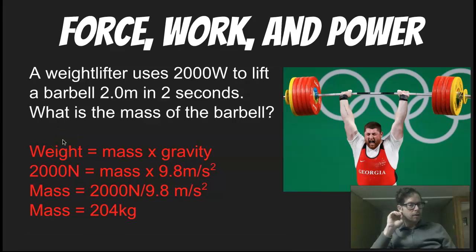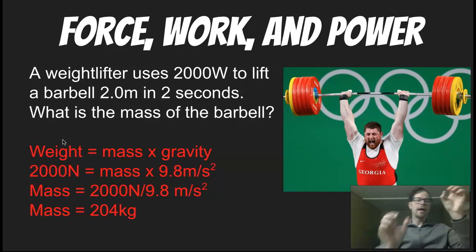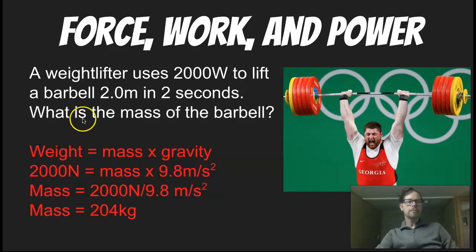Now we need to calculate the mass out of that by using the weight equation. You're seeing we can use multiple equations that have terms in common to get what we want. Weight is a force. We calculated the weight as 2,000 newtons, and weight is equal to mass times acceleration due to gravity. So 2,000 newtons is equal to the mass of this barbell times 9.8 meters per second squared.